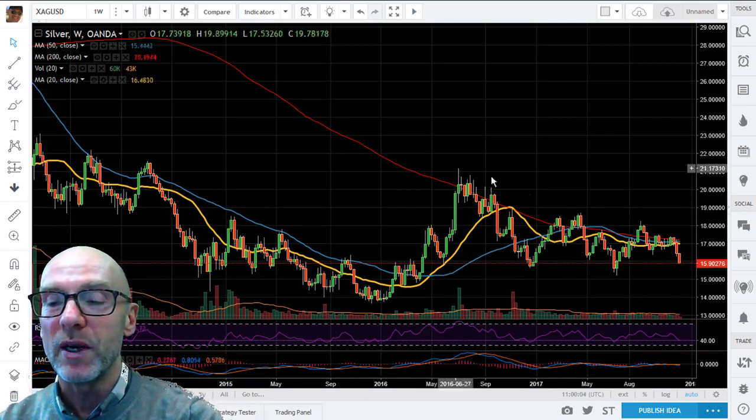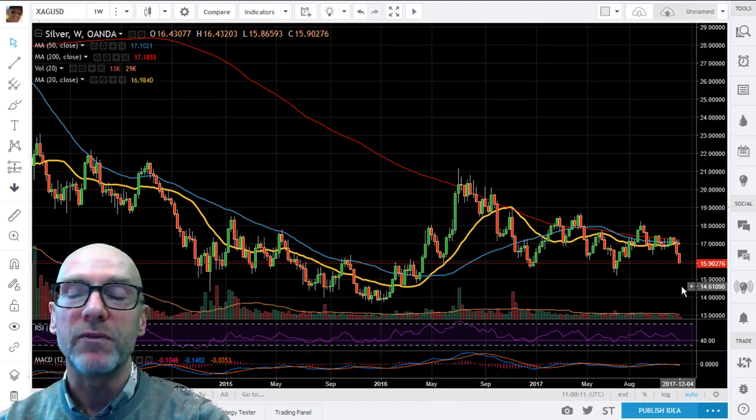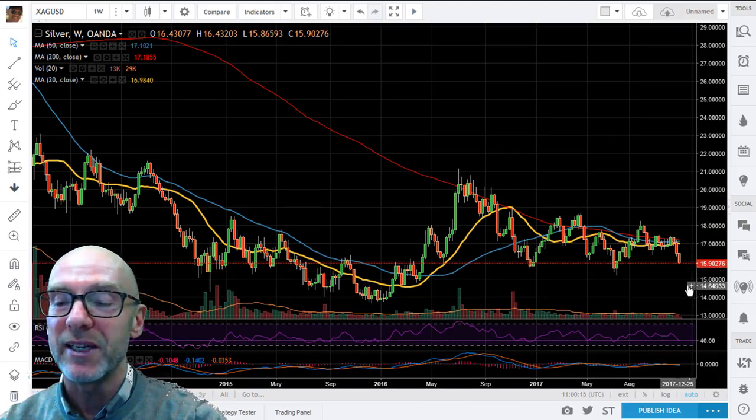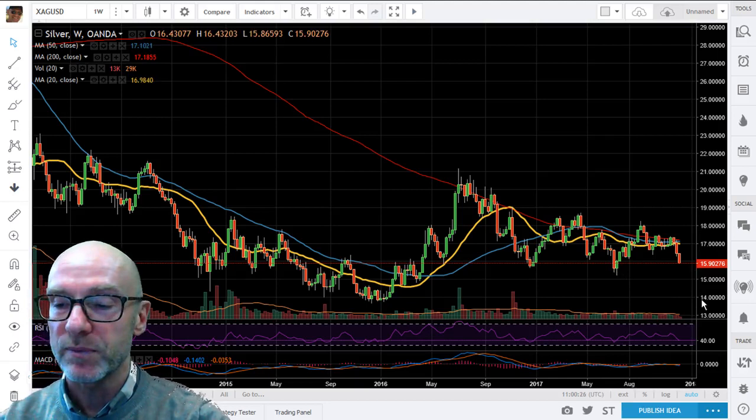If you drew the downtrend through those highs and then took the parallel, the lower boundary would be below 15, so be aware of that. 1590 is nowhere near the lower boundary, and you can see that the support would come in at 1522 from that low of the middle of July.